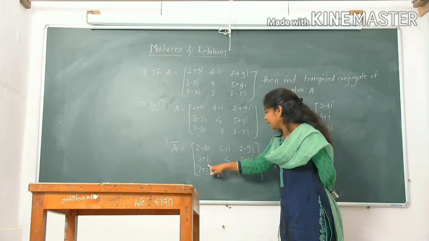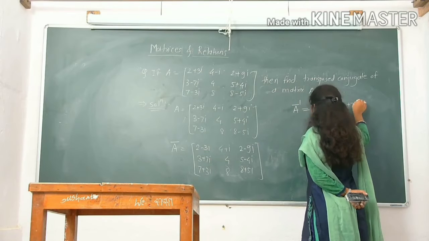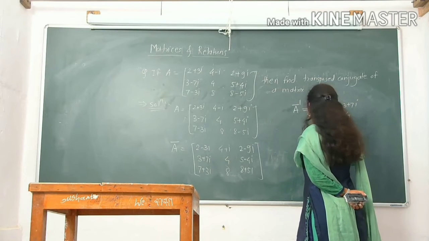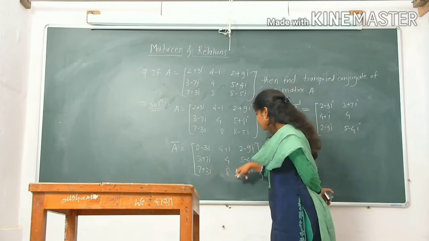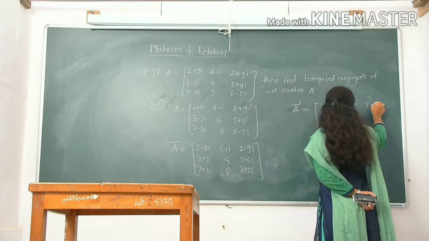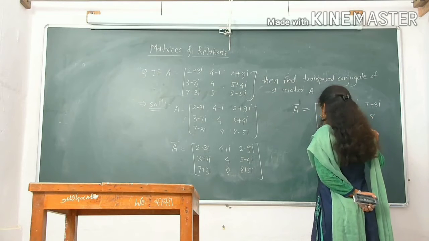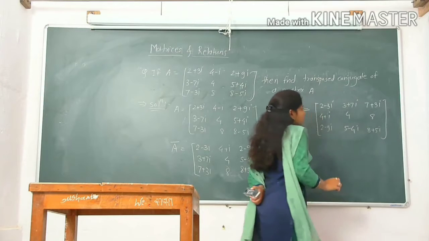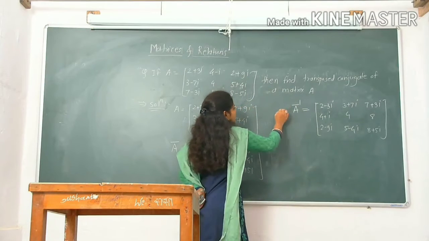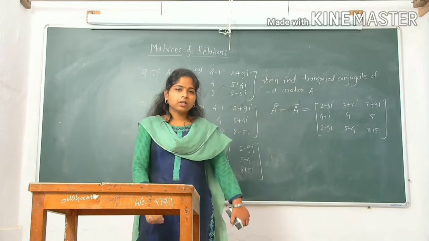Now we take the second row as the second column: 3 plus 7i, 4, 5 minus 4i. And then the third row as the third column: 7 plus 3i, 8, 8 plus 5i. So this is our transpose conjugate of matrix A, A raised to theta.